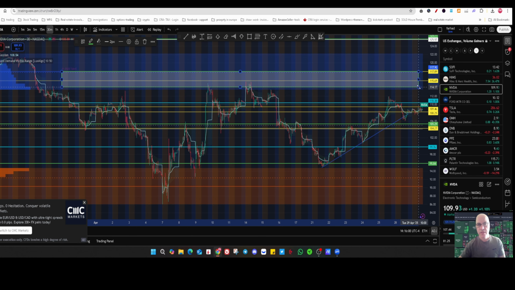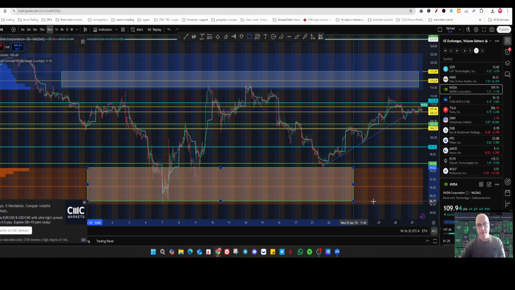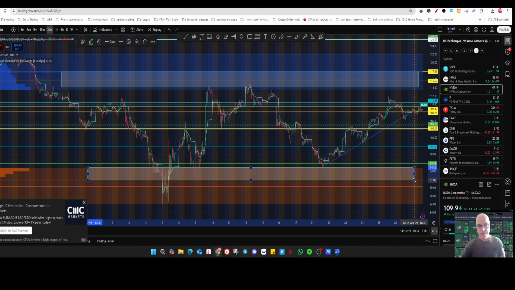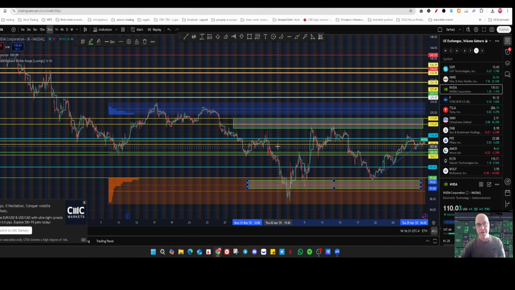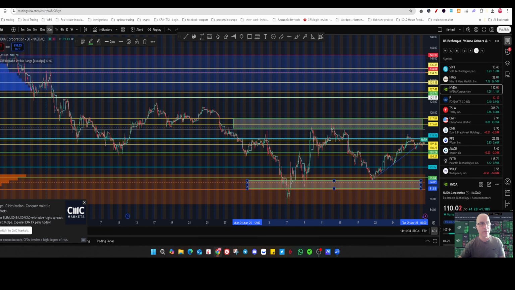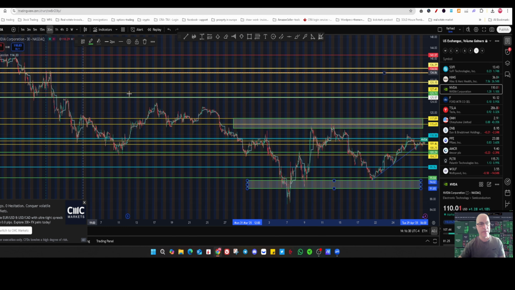I'm gonna just highlight it for you guys, but I just want to make sure it's clear. So we are looking in these two areas, support or demand down here, and supply up here. Let's just start over with how to bring the indicator in.